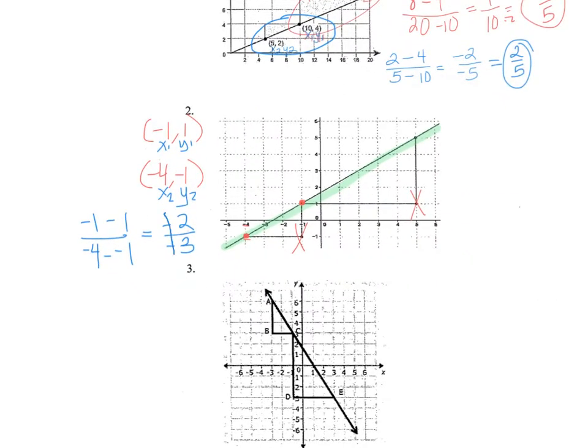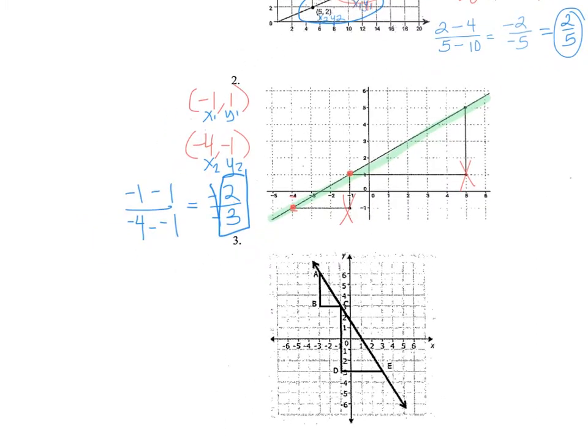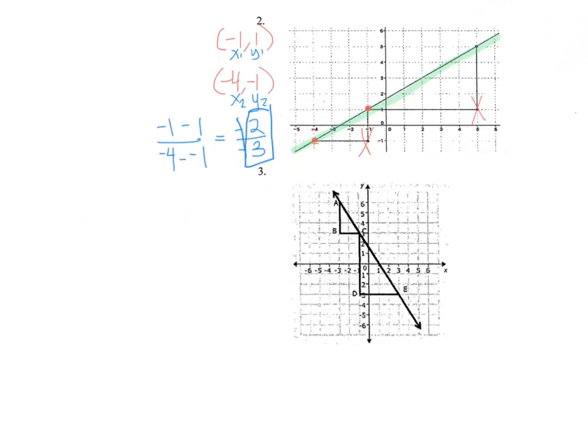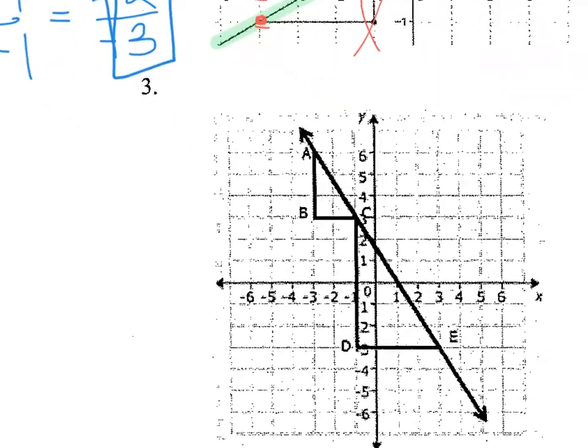So those two cancel out. So positive 2/3 is our slope on this one. And like I said, you can do this one if you want to. You can do the bigger triangle. But a quick way to do it is just to do the small triangle slope. And then you won't have to reduce. You'll just get your answer.